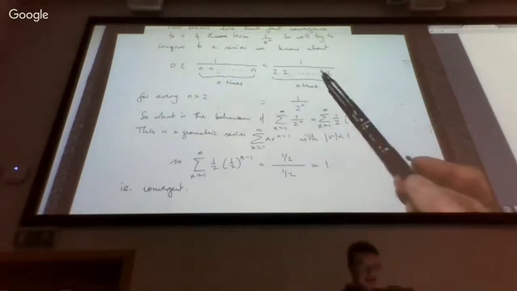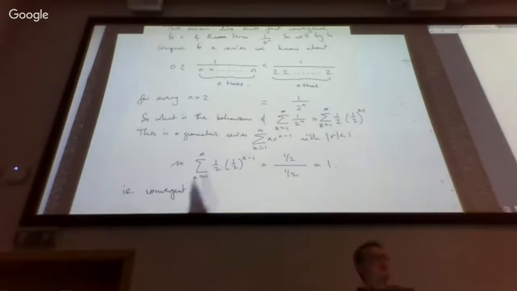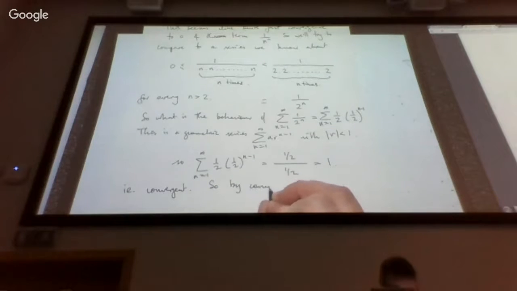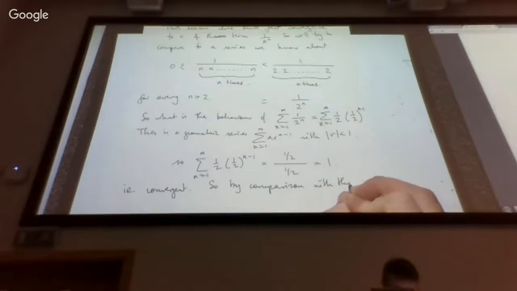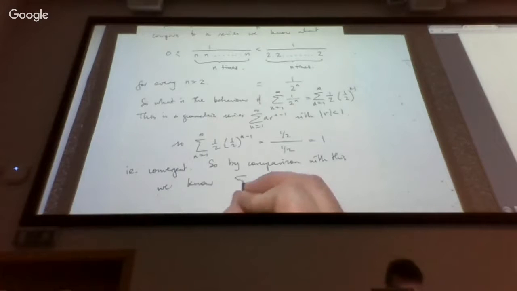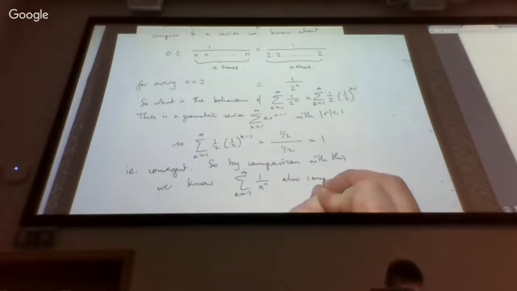We've shown that it's less than the term of another series, and this other series we know to be convergent through the geometric test. Okay, so by comparison with this, we know that the sum of 1 over n to the power n from n equals 1 to infinity also converges.